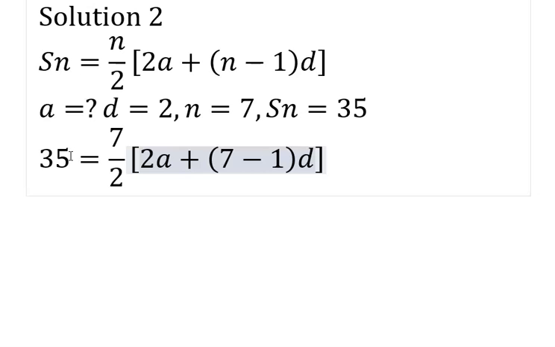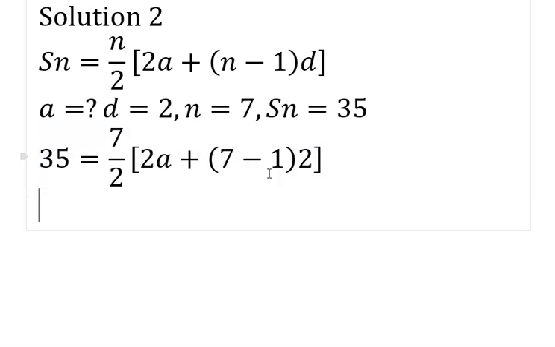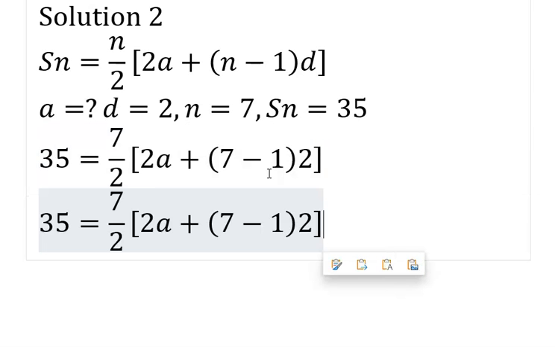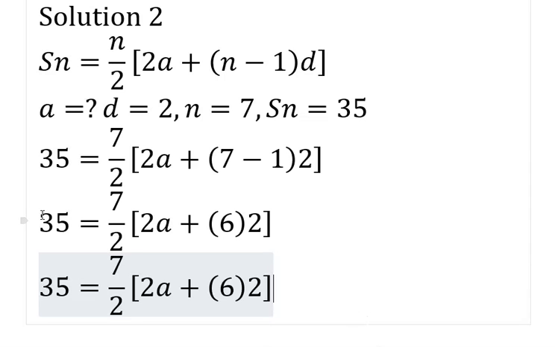And we are given our common difference to be what? 2. Awesome. So having done that, 7 minus 1 here will give us what? 6. Awesome.